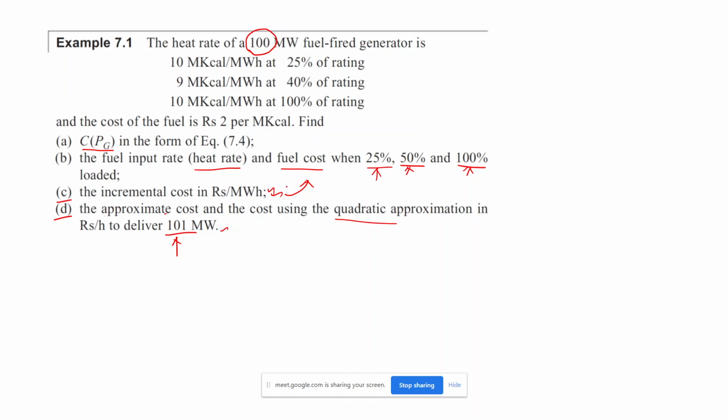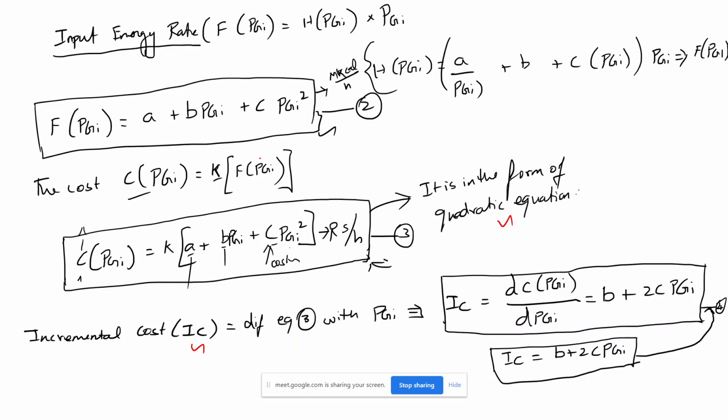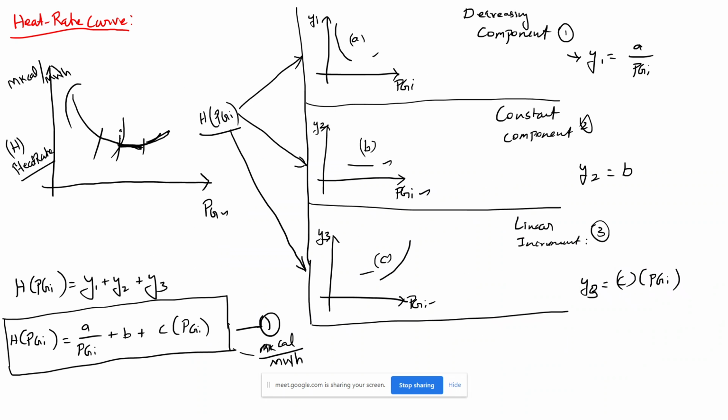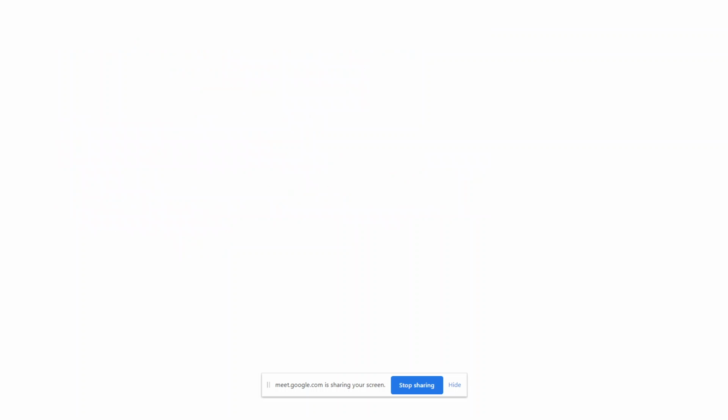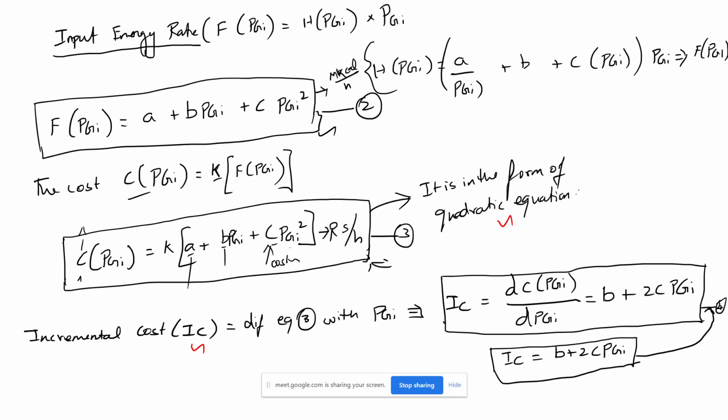So here we need to find the incremental cost for 100, and then we need to find the value for 101. And then the heat rate is given here. This is the heat rate, and then cost is nothing but using this.